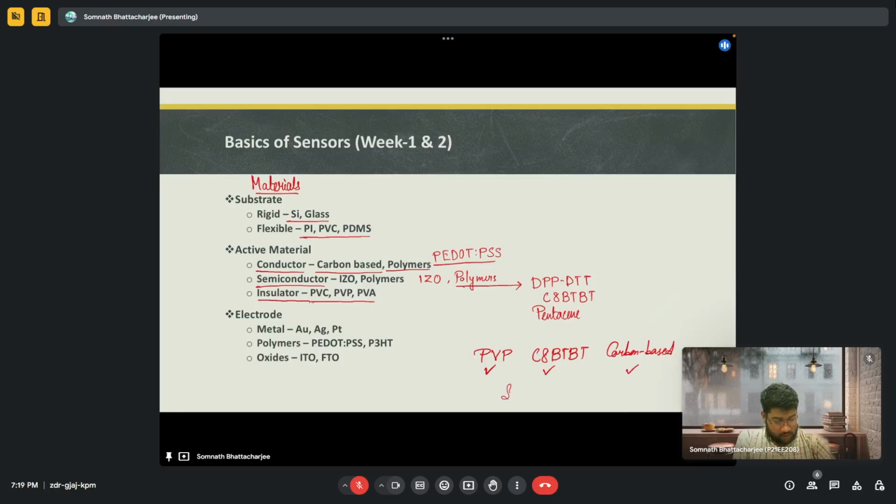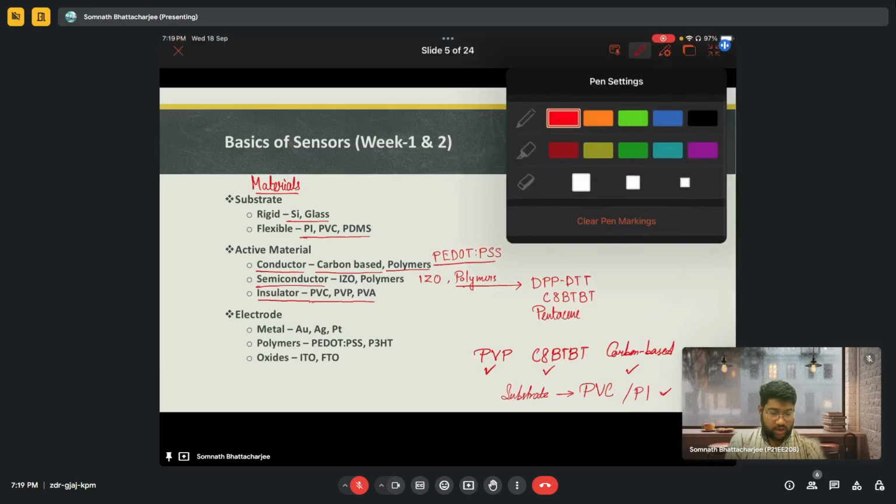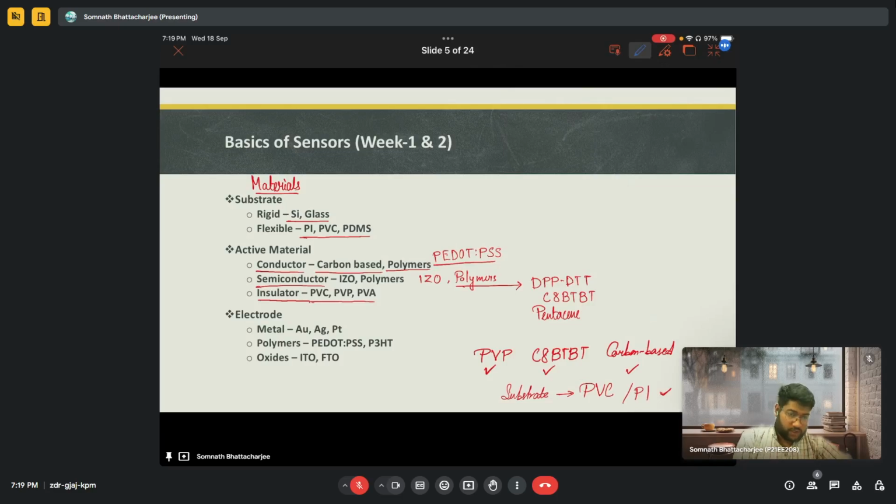If you are using a flexible substrate, let's say PVC or PI, then your total device will be flexible as well. That's the basic thing to consider if you are looking for a flexible sensor, or fabricating the sensor for wearable needs.